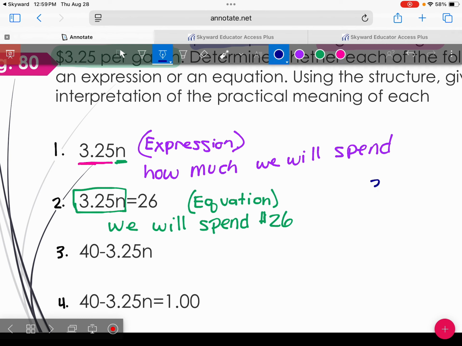I'm just going to write it over here because I don't have any space underneath it, but you guys do. We could divide both sides by 3.25 and figure out that to spend $26, it would take 8 gallons of gas, which is actually kind of a normal amount of gas, if you can find gas for $3.25.